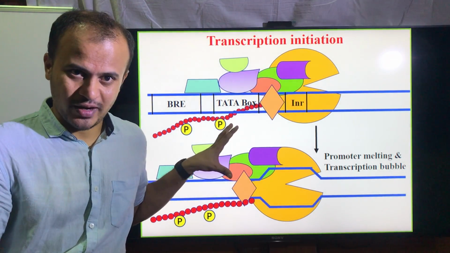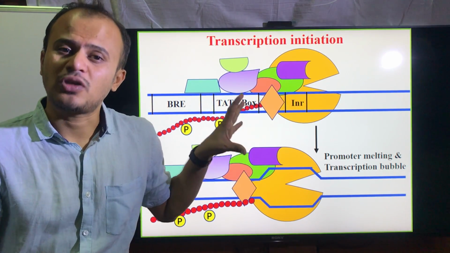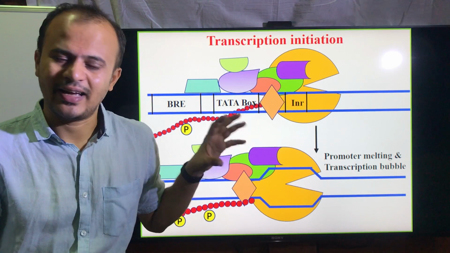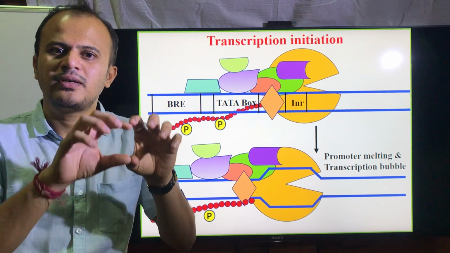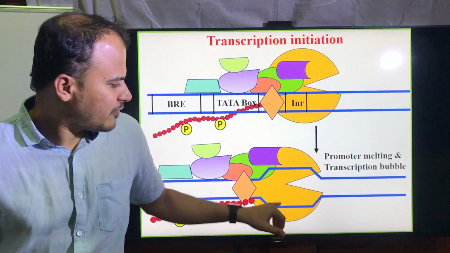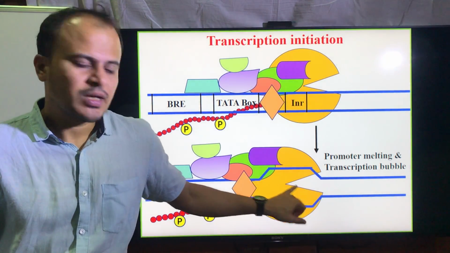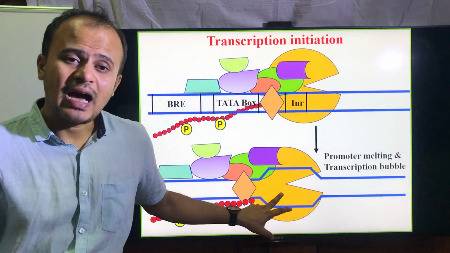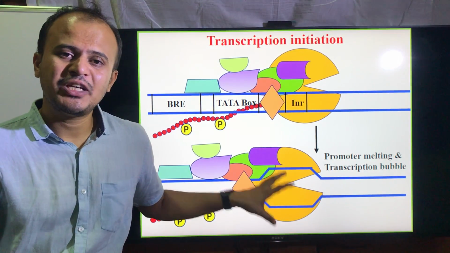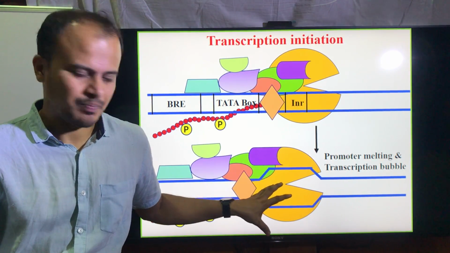Once after the phosphorylation, TFIIH also has helicase activity. Helicase activity means it opens up the double-stranded DNA and forms the transcription bubble. Therefore, once the transcription bubble is opened up, the RNA polymerase can initiate transcription.